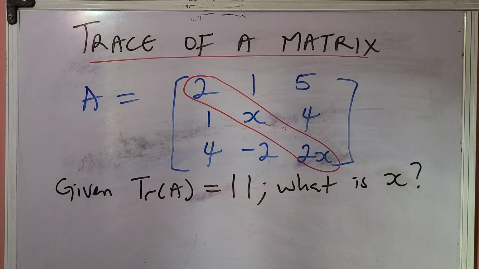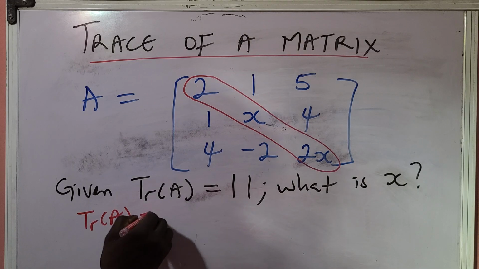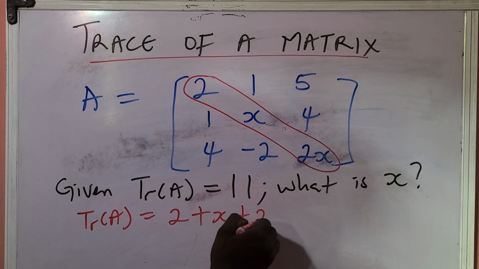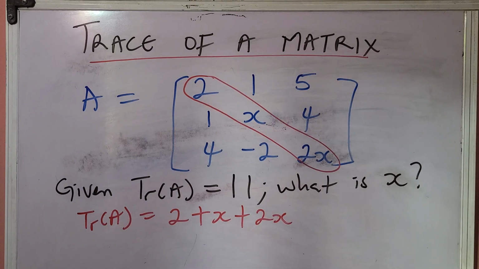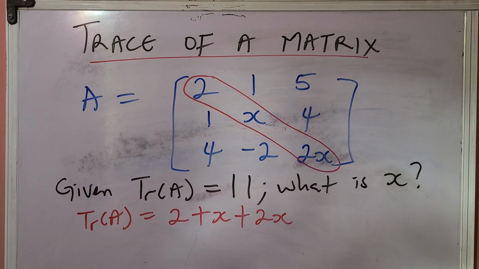And what we need to do next is to use our understanding of the trace of a matrix to find the value for X. So if the trace of a matrix is the sum of the leading diagonal, then to find the trace of A, we would say 2 plus X plus 2X.